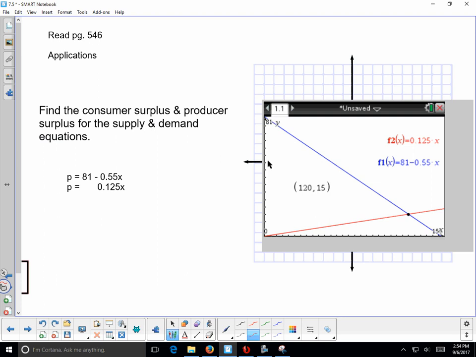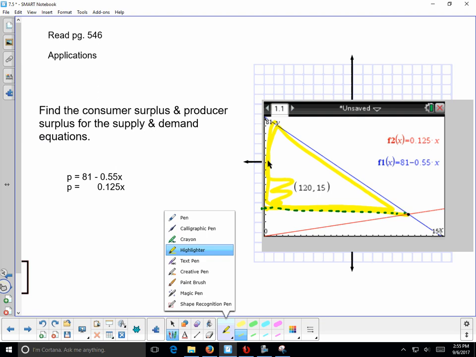When I go to find this area, I'm going to sketch these triangles. I bring this over here, and that's going to intersect at 120. To find the consumer surplus, I want this triangle here. The base of this triangle would be the X coordinate, or 120.